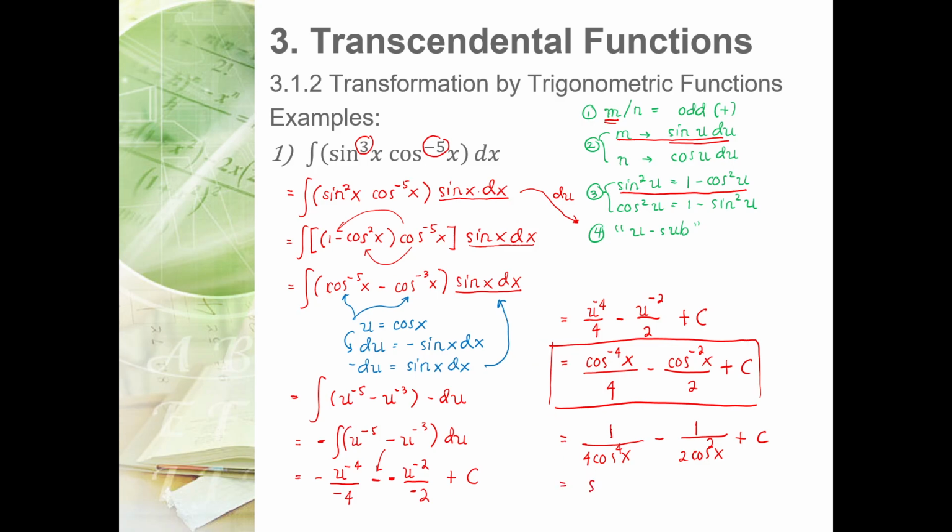So you have secant to the power of 4 x all over 4 minus secant squared x all over 2 plus c. So this can be the correct answer also, depending on how you simplified your final answer.